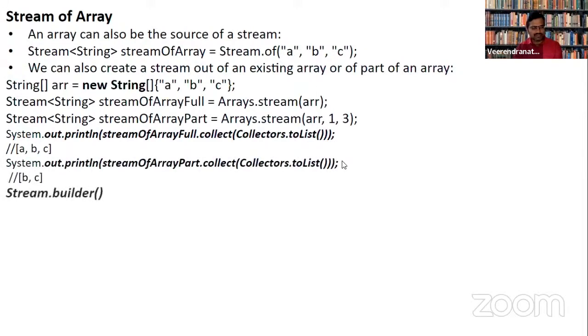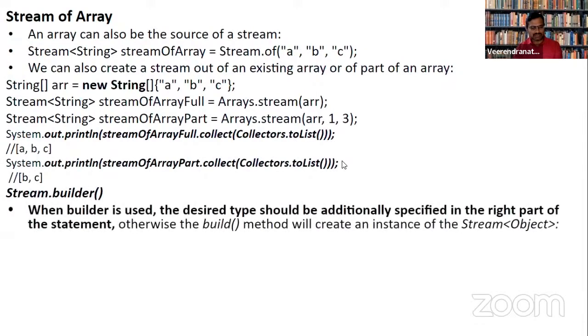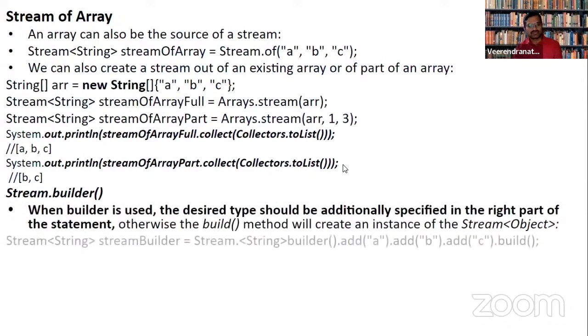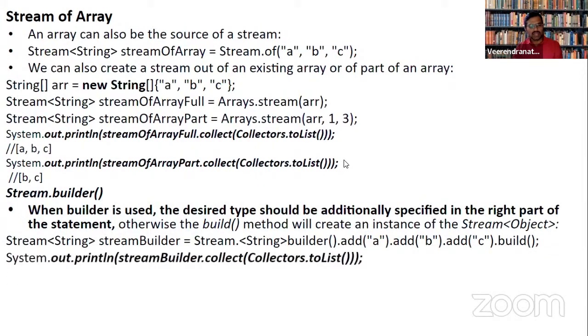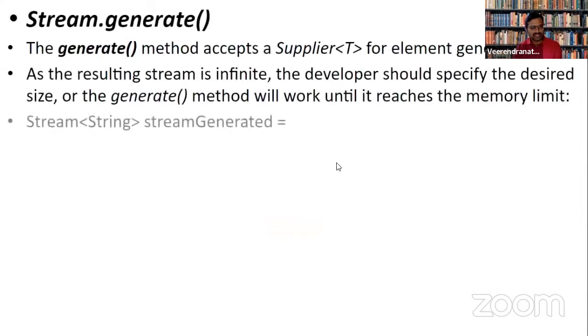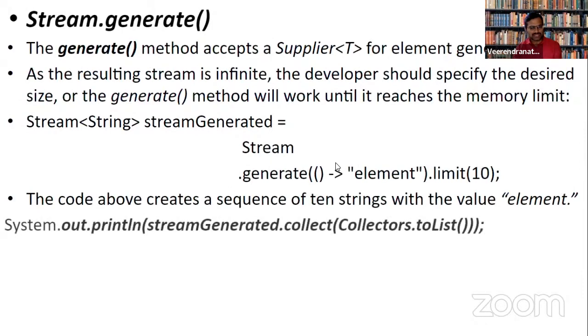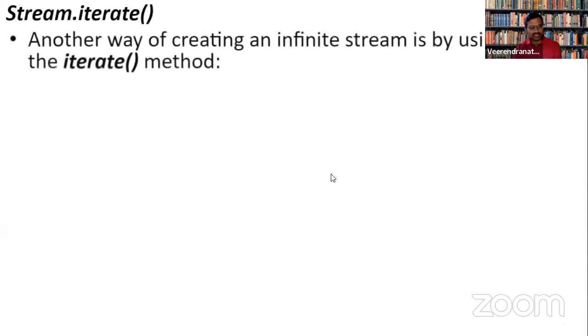Then we went for building of the stream. What exactly was building of the stream? We were trying to add a collection of elements, and then we went on to see something called generate, where we generated a collection of strings. And then slowly we went on to the iterate method.